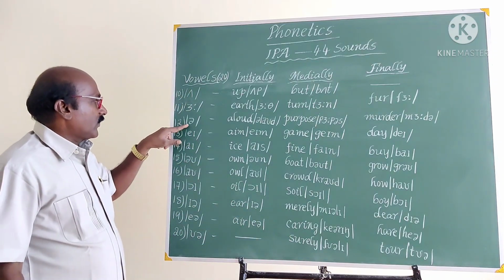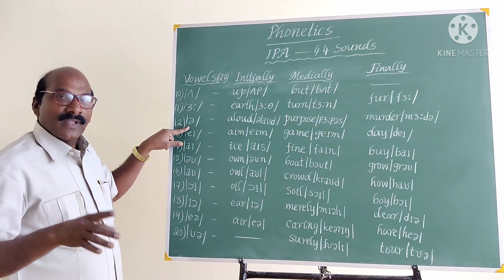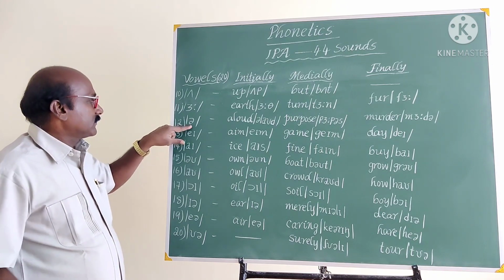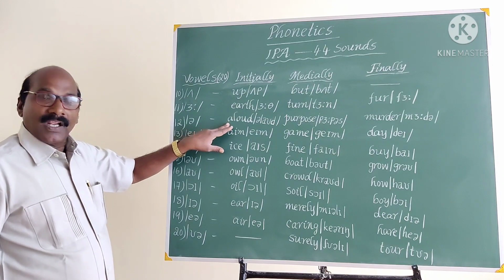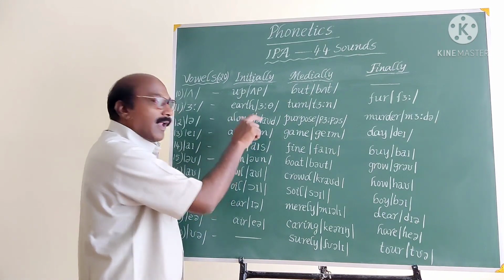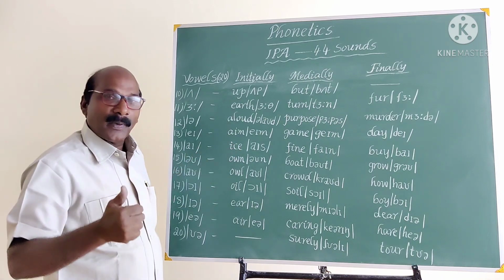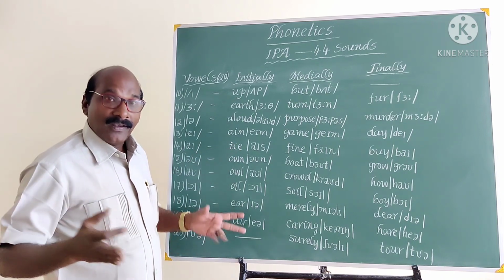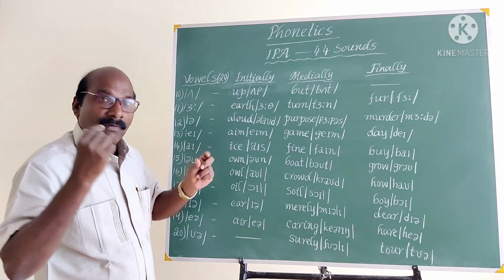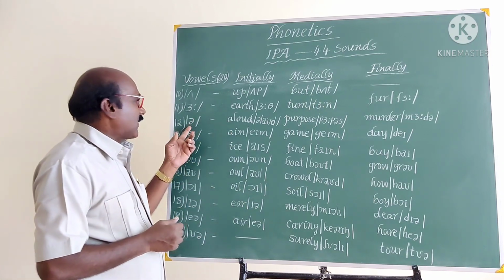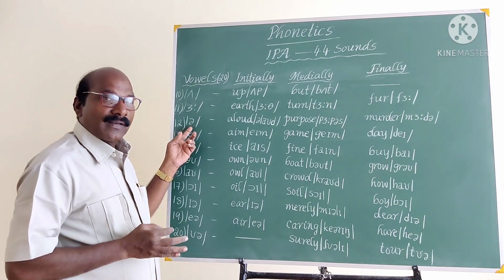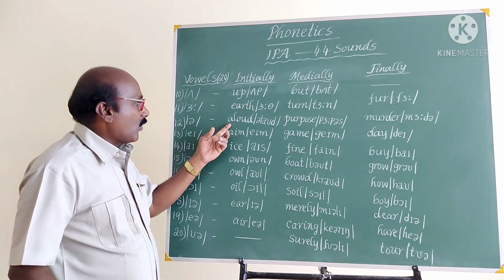Next, this is the schwa, as in shva. Initially it occurs in aloud. We mispronounce it as yellowed, not ya. Lips move apart when we utter the sound of schwa. This is a weak sound, like in aloud.